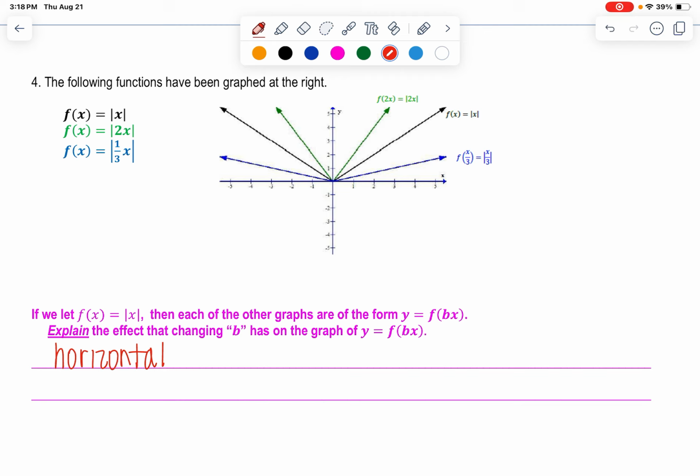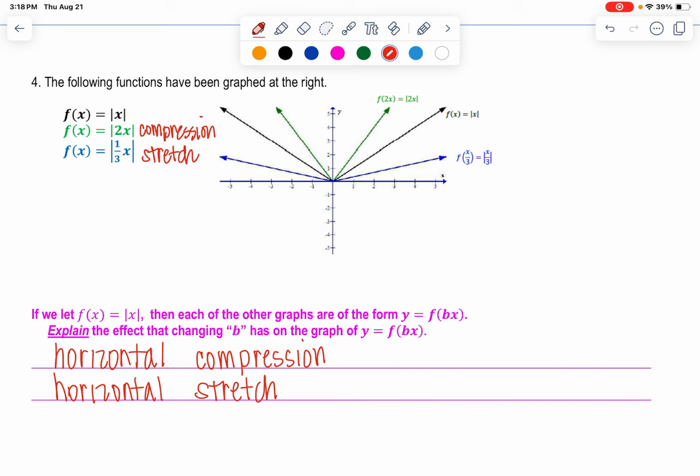From that black one there, pushed the sides in. Pushing the sides in is compressing it. So a horizontal compression, and then we also have a horizontal stretch. And this is your horizontal compression. And this is your horizontal stretch.